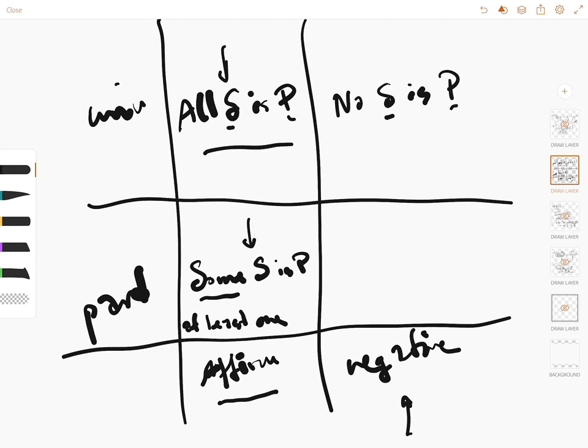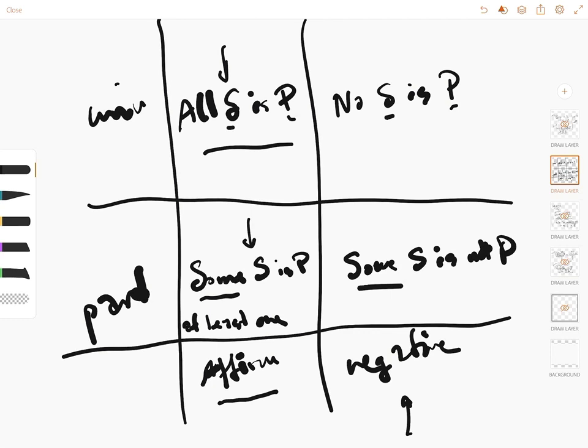And particular negative is going to parallel the affirmative, so we're going to have some S is not P. And again, the meaning of some in this particular case is at least 1. So we could also read this as at least 1 S is not P.